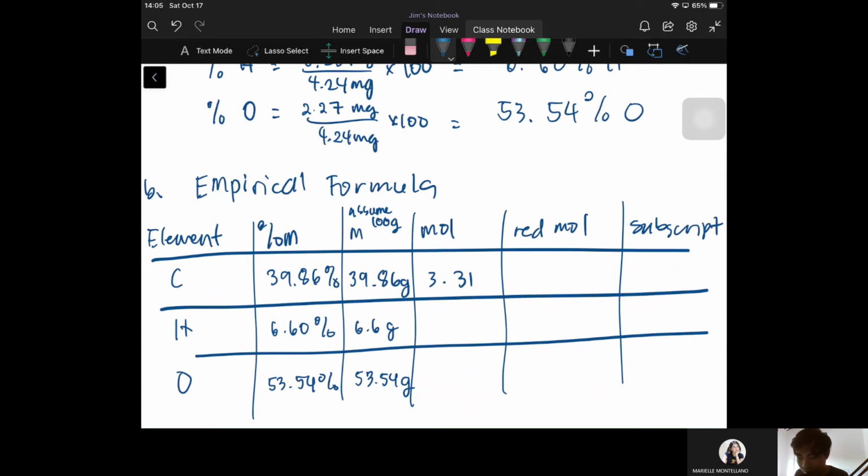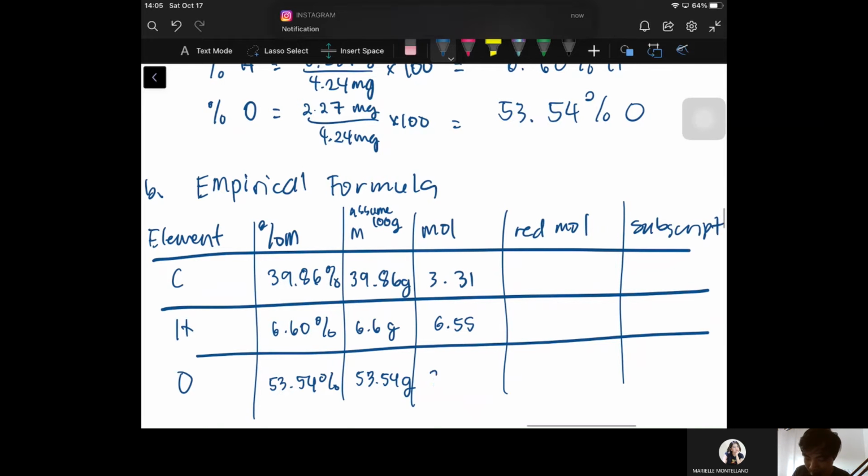Hydrogen, 6.55. And oxygen, 53.54 divided by 15.999. That's 3.35. Okay, so yan. So ito na yung ating moles.